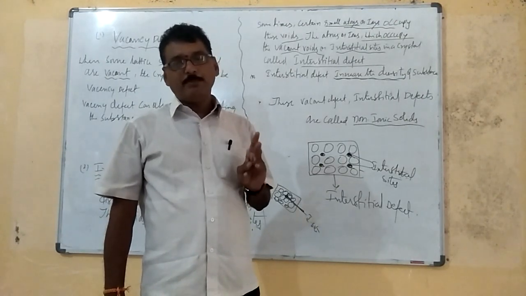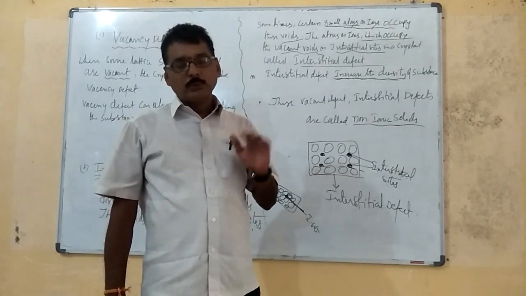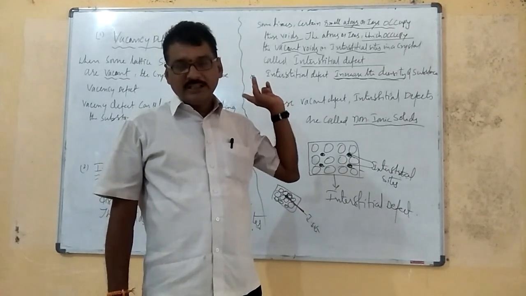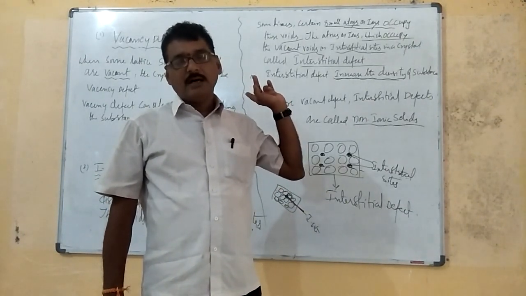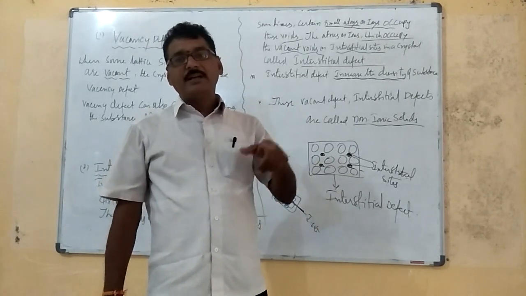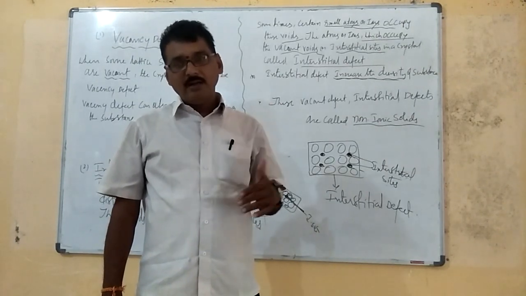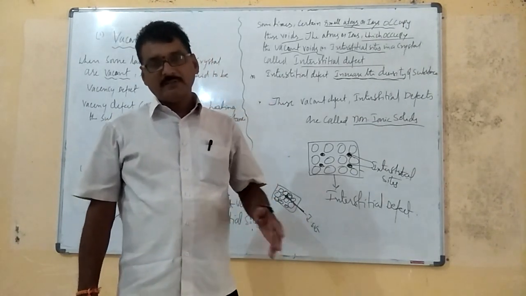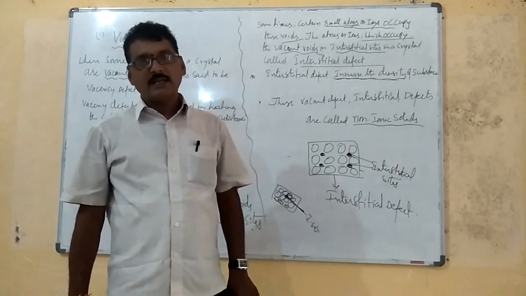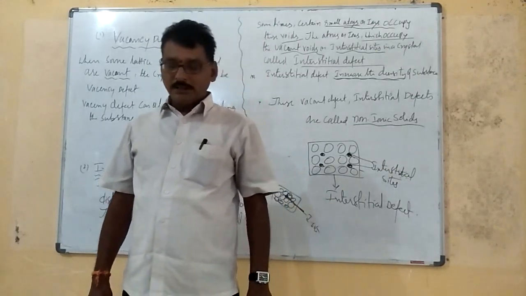These two are very important for PUC as well as other exams. These two are for ionic solids, whereas the vacancy defect and interstitial defect are non-ionic defects. I will explain both of these, the Frenkel as well as the Schottky defect, which are called ionic solid defects.